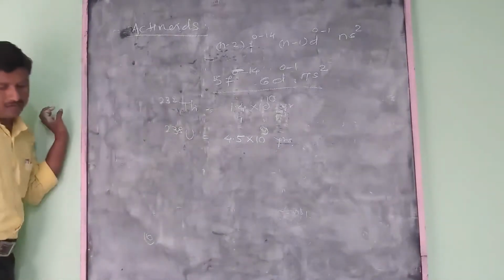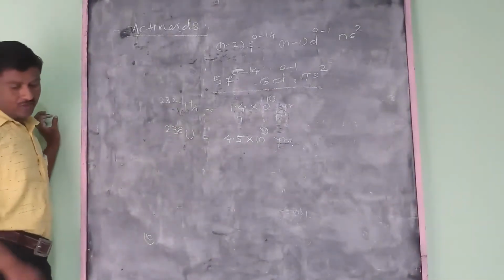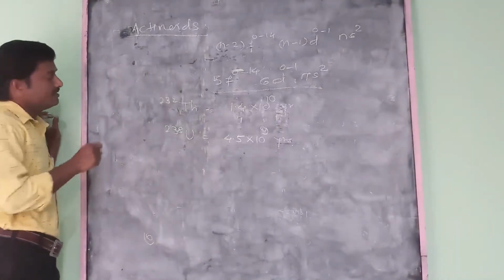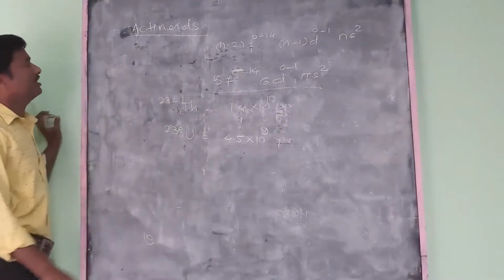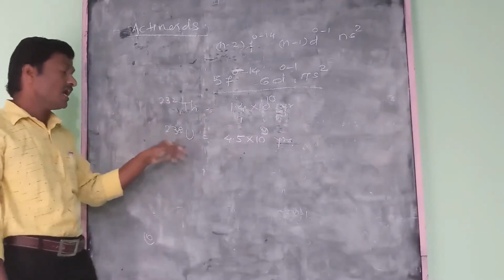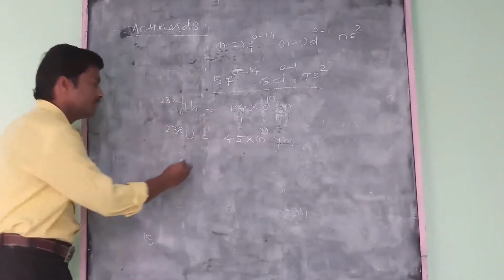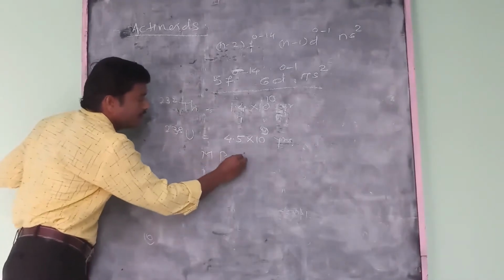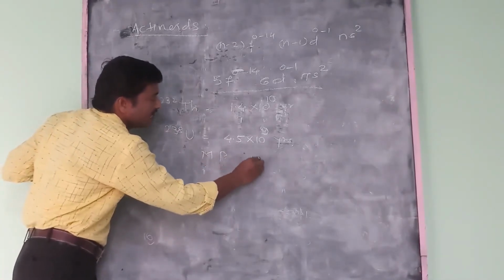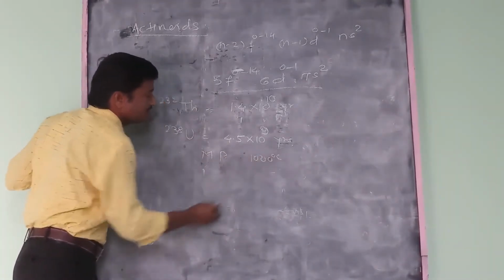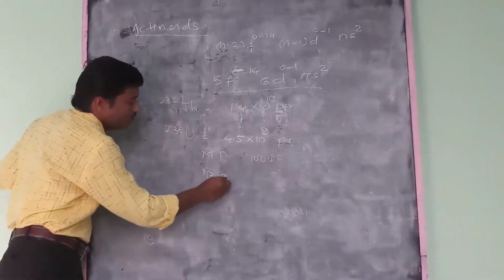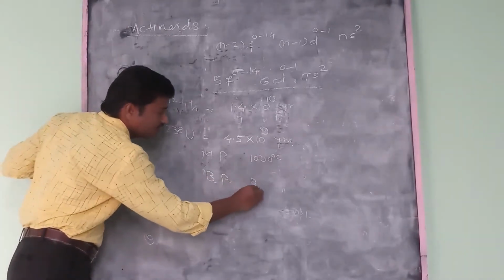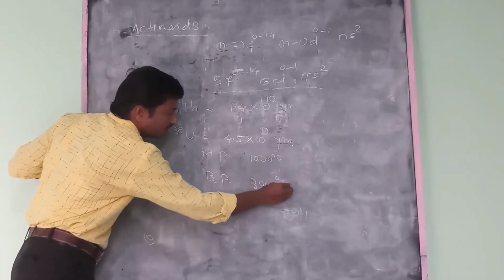Next, we have to study some points about the actinoid elements. They have high melting and boiling points. The melting point will generally be greater than 1000 degrees Celsius, or near about 1000, and the boiling point will be greater than 3000 degrees Celsius.